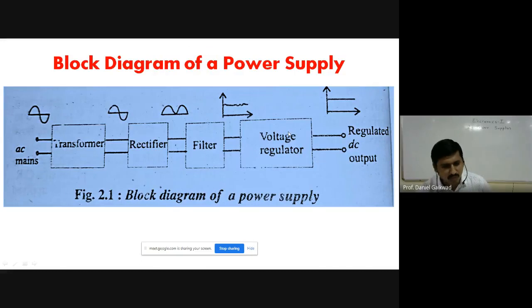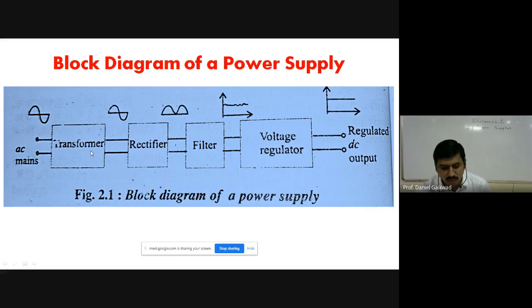Now we have the very basic block diagram of a power supply. We have different blocks. Check carefully. Here we have the AC mains, the socket for AC mains, from which we have 230 volt AC. That will be given to a transformer.